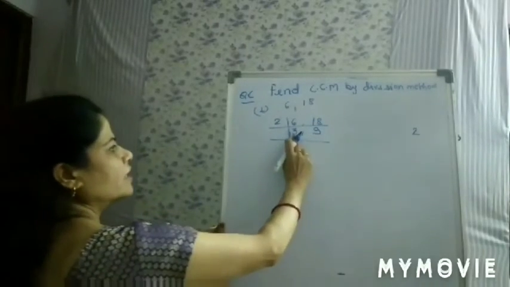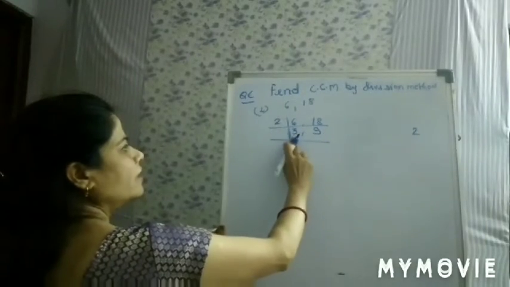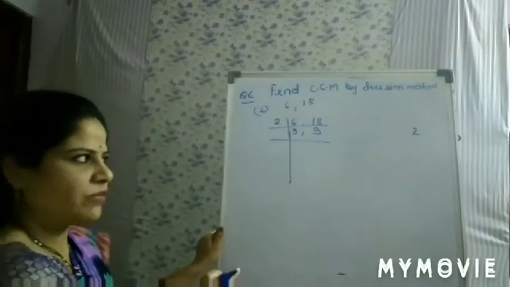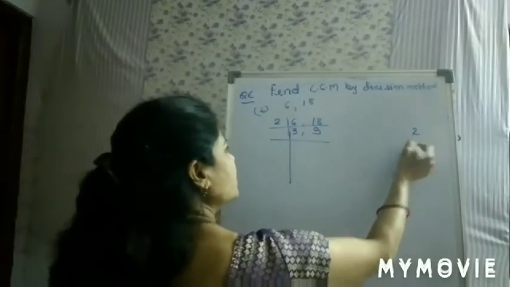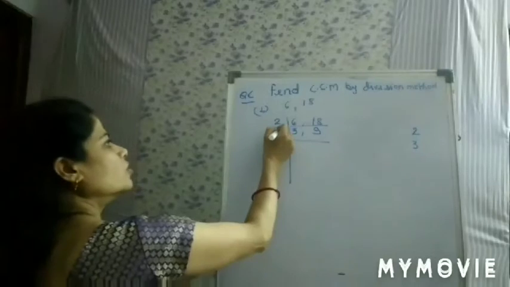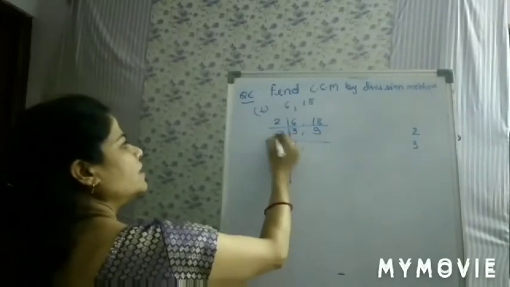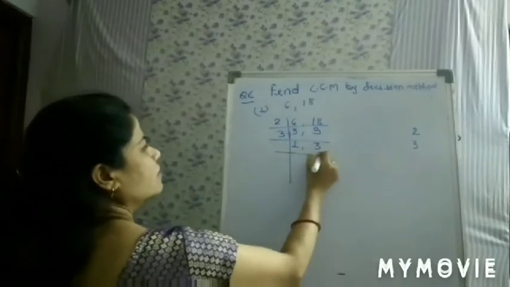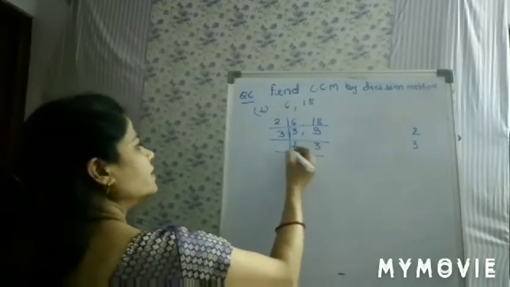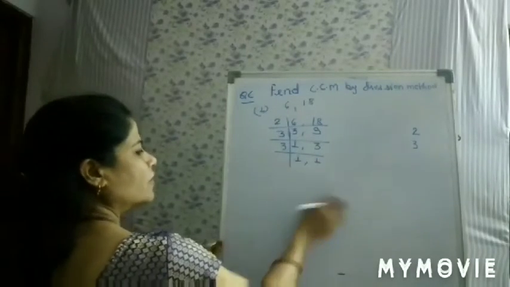Now see, here we are getting 3 and 9. Now you have to divide 3 and 9 by their common prime number. You can see both the numbers are divisible by prime number 3. So divide 3 by 3, 3 ones are 3 and divide 9 by 3, 3 threes are 9. Now again you have to divide 3 by 3. In the last you are getting 1 1.